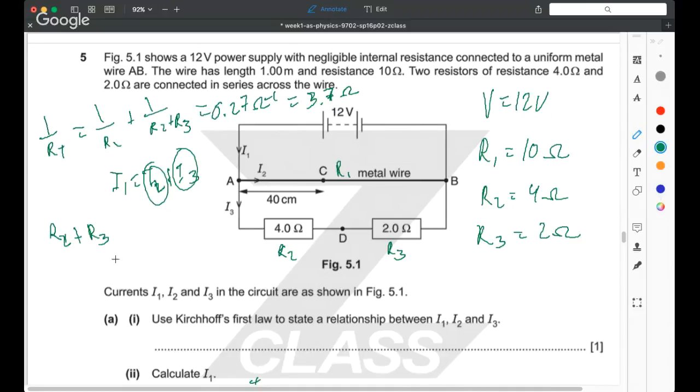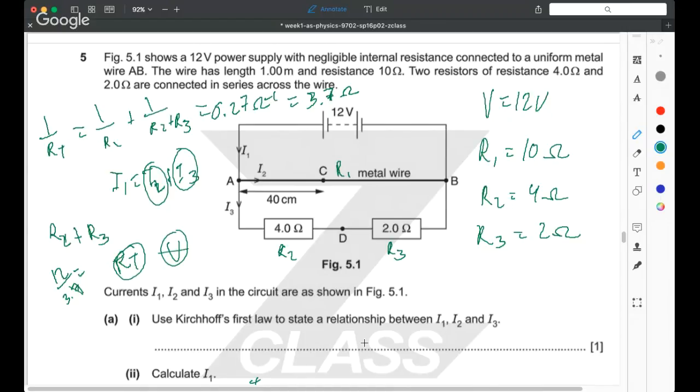Okay. So if you know the total resistance, that's 3.7, and you have the volts, which is 12. So it's 12 divided by 3.7. Sorry, 12 divided by 3.7. Yeah. And the current, yeah, 1.2.